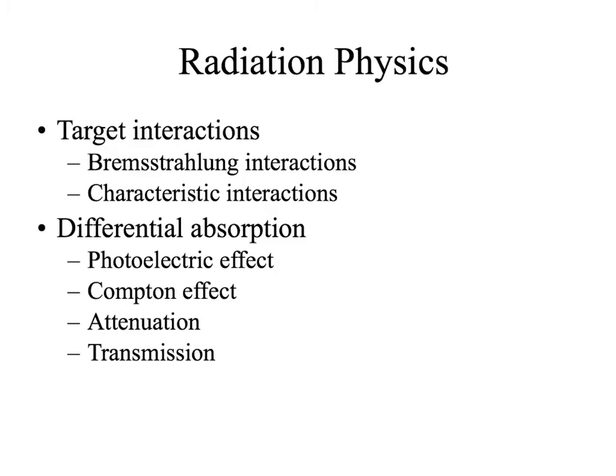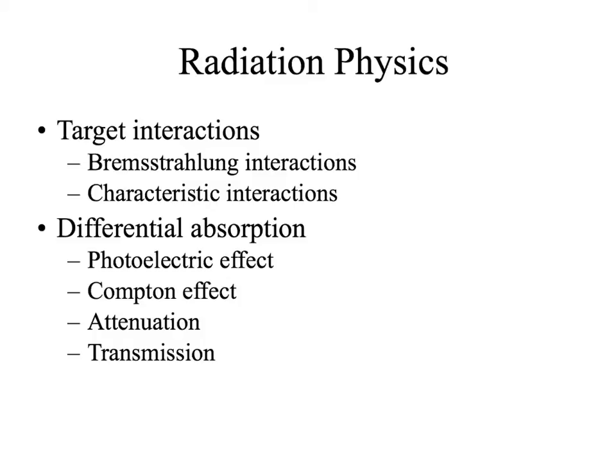So, in terms of radiation physics, and these slides are available on Moodle, I think, we can talk about target interactions, right? When we're talking about target interactions, we're talking about interactions inside here, inside this thing. The primary target interactions are Bremsstrahlung interactions and characteristic interactions, okay?